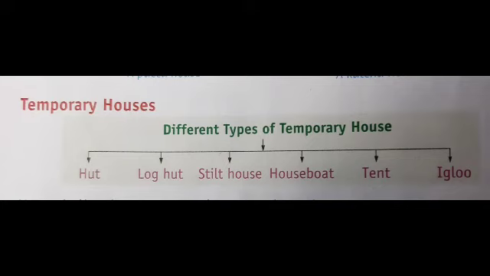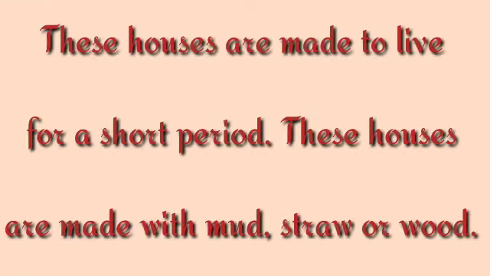Let's know briefly about all these types of temporary houses. Temporary houses are made to live in for a short time. These houses are made up of mud, straw or wood.